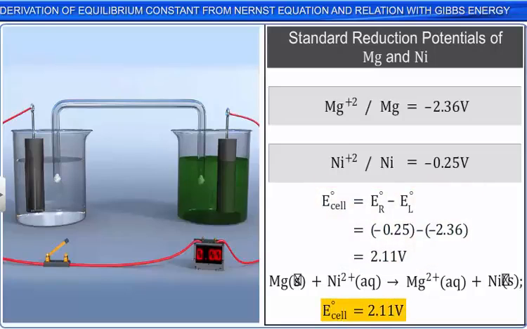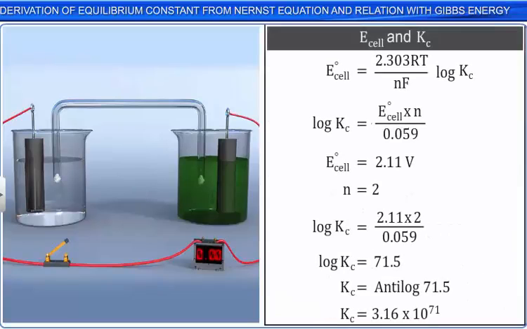You can rearrange the equation that relates E cell to the equilibrium constant to solve for the log of Kc. You should memorize this equation. You can then substitute your information about this cell into the rearranged equation.